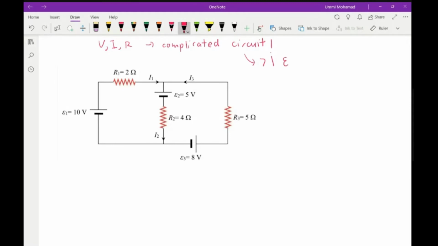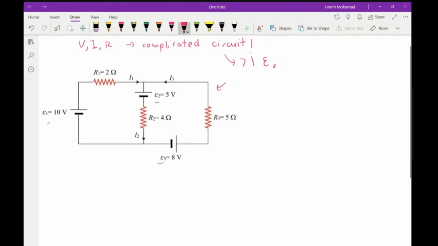So let's say we have a case here. We have a circuit with 3 EMF: E1, E2 and E3. One of the techniques to use Kirchhoff's law that I have introduced to you in class was 3D and 3E.